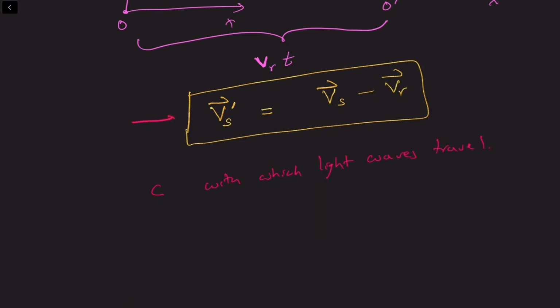But from the principle of Galilean relativity, which is consistent with Newton's laws, we see that all speeds and all velocities are observer dependent. So if the velocity as measured by one observer is Vs, the velocity as measured by the second observer will be Vs prime. And for simplicity, let's just suppose that everything is moving along one direction, let's say the x direction.